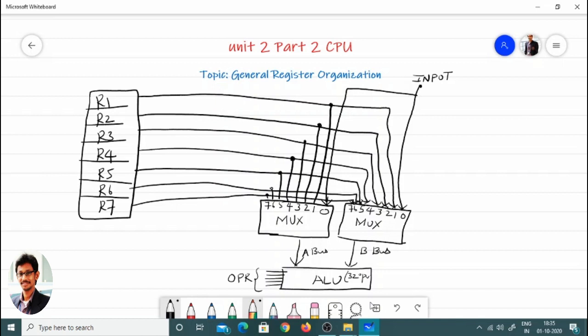Okay, right. Now see here, the output comes out from ALU. Where does it go? Output goes again to the registers. So the output of ALU connects to the input of all the registers.